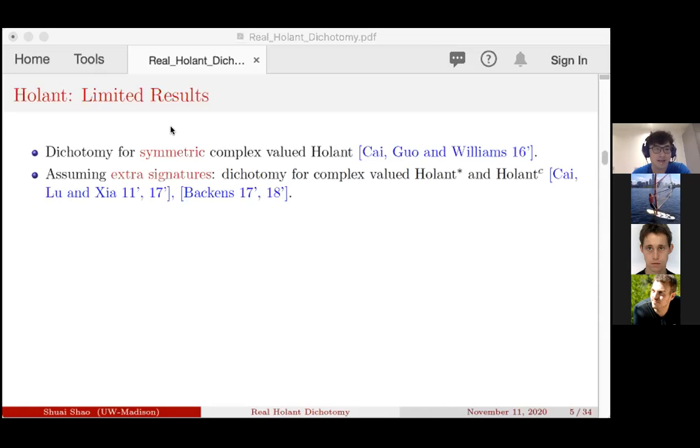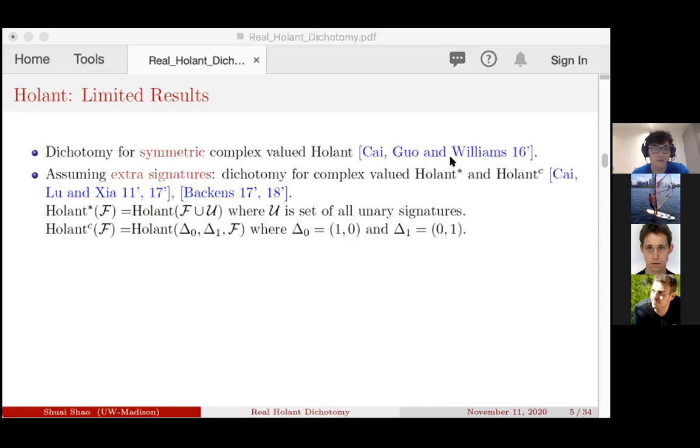While for the asymmetric case, some dichotomies were proved for complex-valued Holant problems by assuming some auxiliary signatures, such as Holant-star problems and Holant-C problems. The Holant-star problem is a Holant problem where all unary signatures are assumed to be available. And Holant-C is a Holant problem where two pinning unary signatures are assumed to be available. These are the two pinning unary signatures. So we assume that in this Holant-C problem, we are always free to use these two signatures.